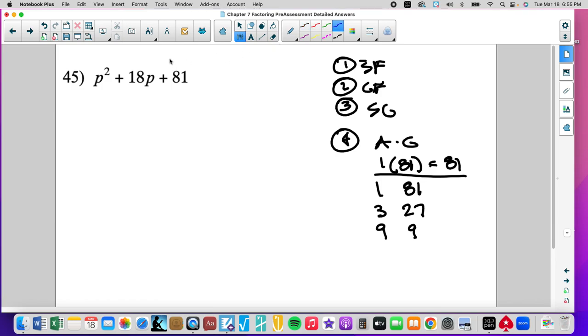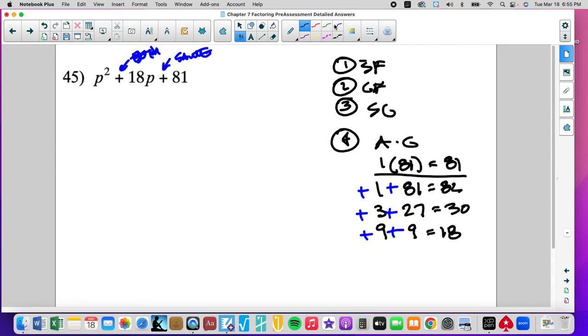So this is positive, so the signs are the same. Both are positive. So positive, positive. That's 82. That's 30. This is 18. My middle is 18. So I have 9 and 9.